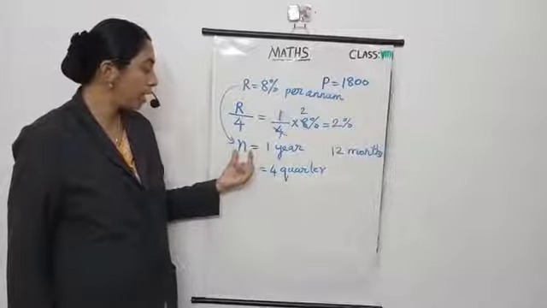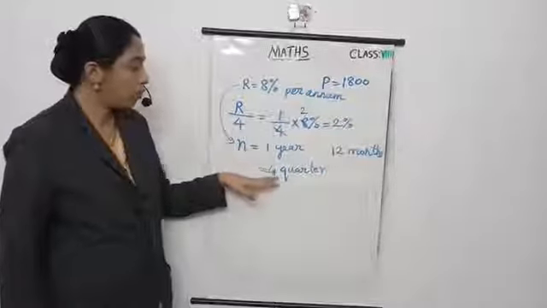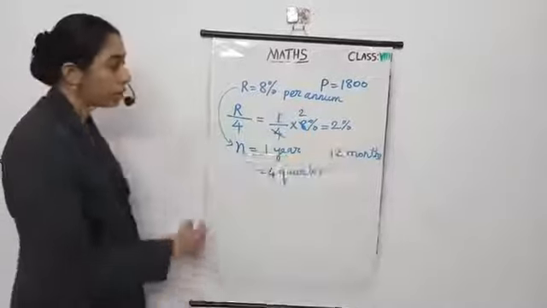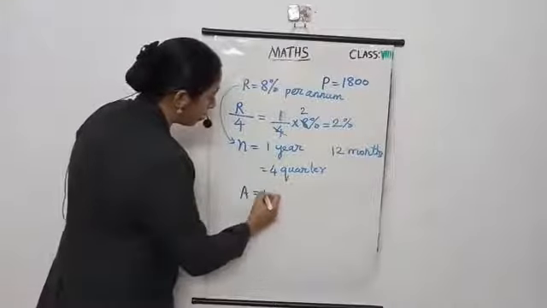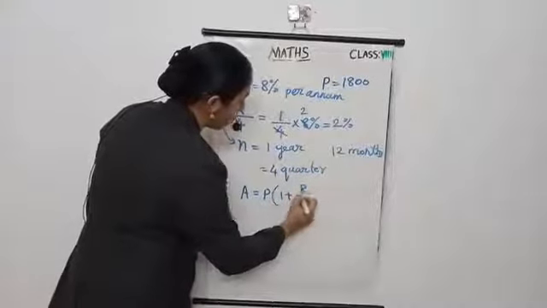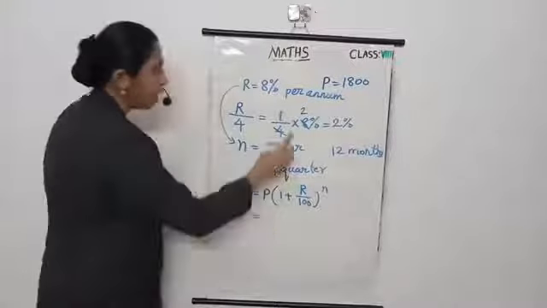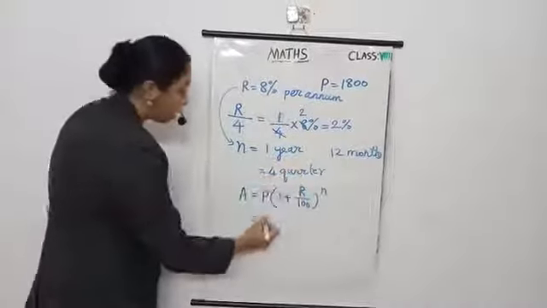So keep in mind N equal to 4 quarters and rate equal to 2 percentage, and we are going to calculate per quarter. The formula is the same formula, P into (1 plus R by 100) all raised to N, and we substitute values according to the question compounded quarterly.